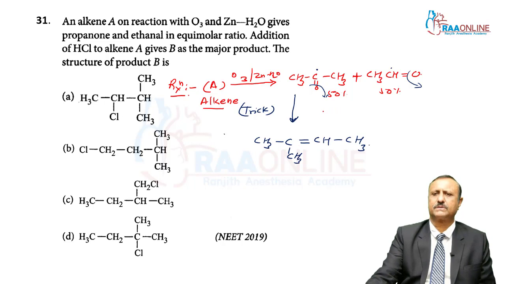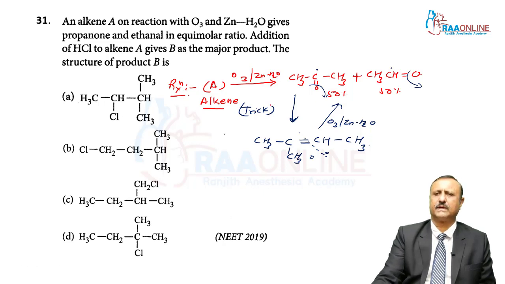When this molecule undergoes ozonolysis with O3 and Zn, water, the double bond breaks, oxygen is attached, and you get these products. So this is the trick, my dear students: you get the structural formula of the alkene from the products.